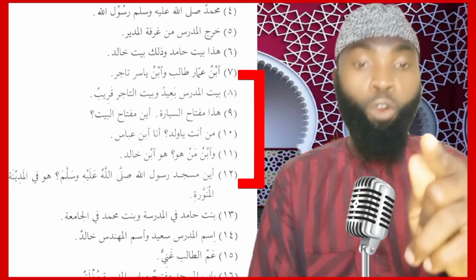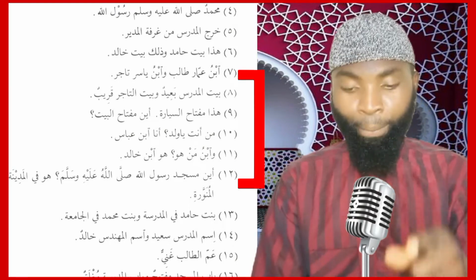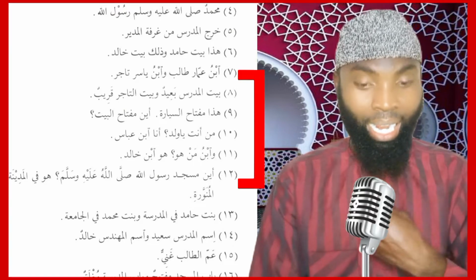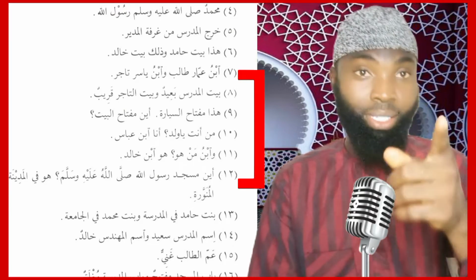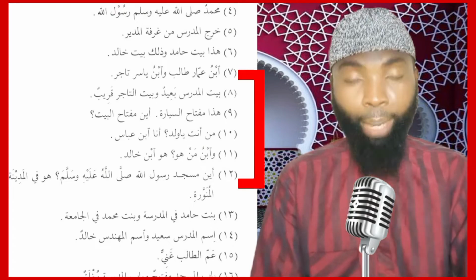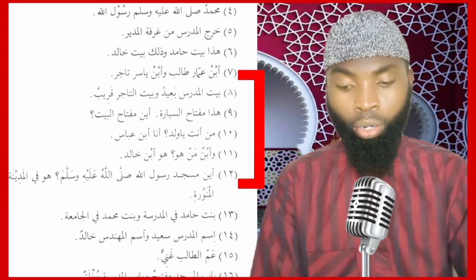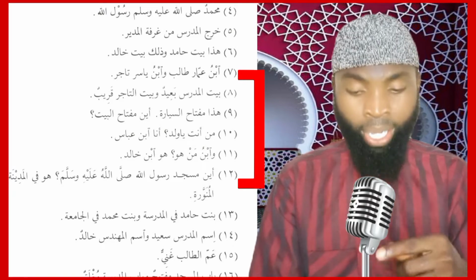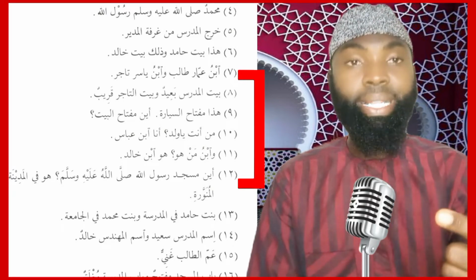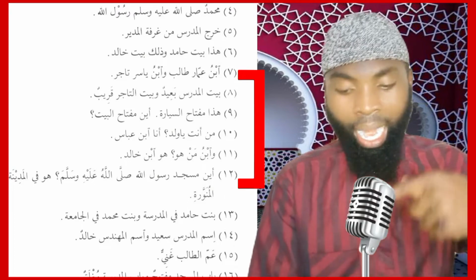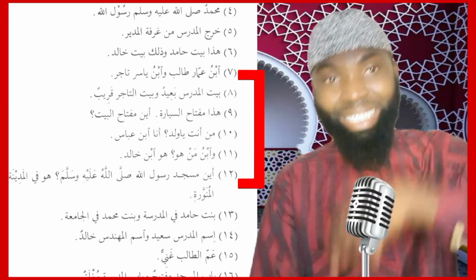Who are you, oh boy? Then Anabnu Abbasin. We do not say Ibnu now because the word Ibnu is appearing in the middle of a sentence coming after a word. So we throw the Hamza away and we now say Anabnu. Instead of Ana Ibnu, we say Anabnu Abbasin.